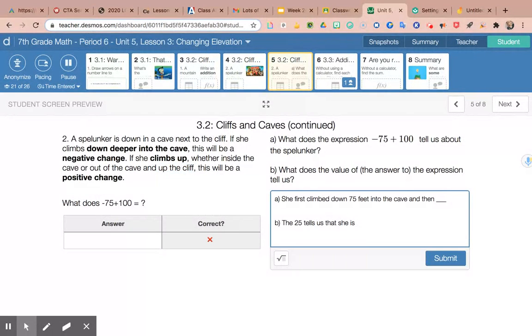So she is how many feet? And she's up on a cliff, because the ground is 0 and she's above it, so she is now on a cliff. So you're going to write that the 25 tells us how far up she is. So she's 25 feet up. All right, so you'll type that in there.